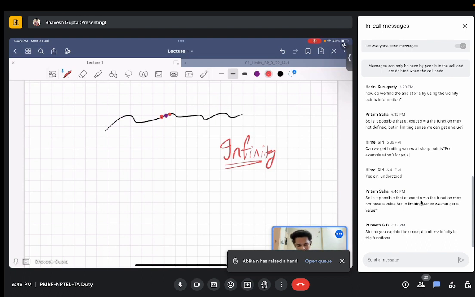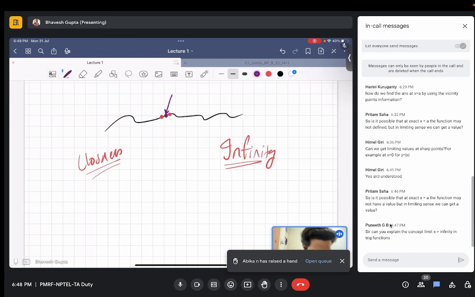Over here, the idea of closeness is that the points are as close as you can think of. So just by understanding the behavior in the vicinity, we claim what happens exactly at this point.